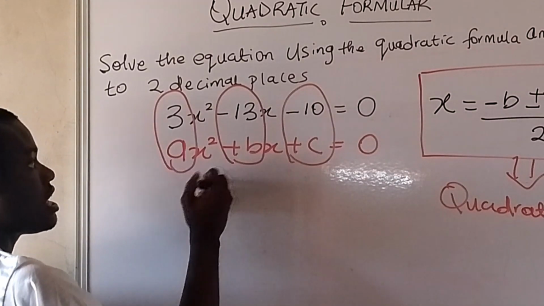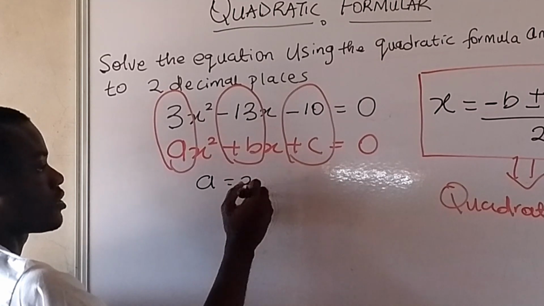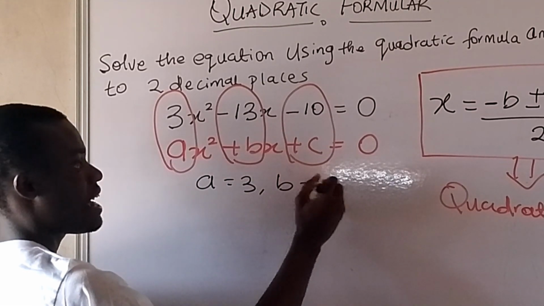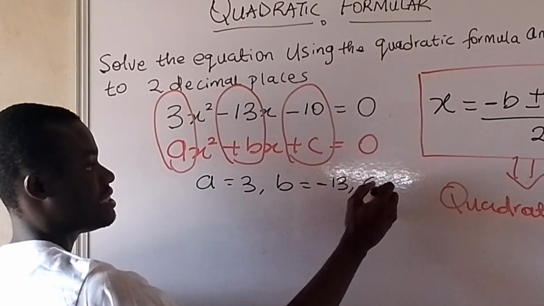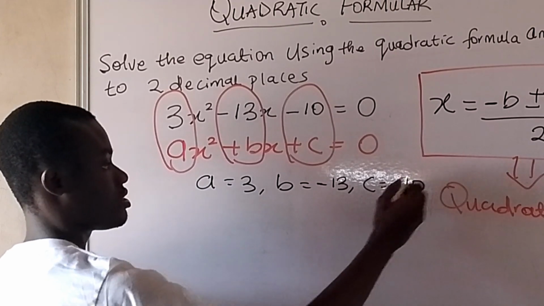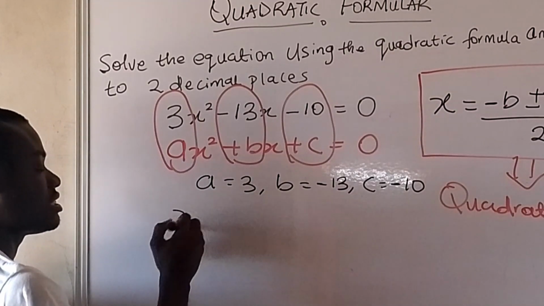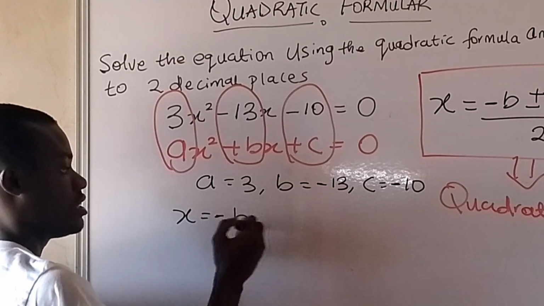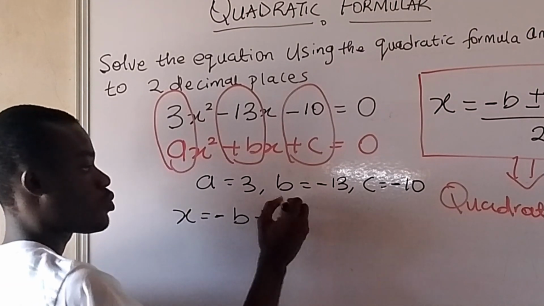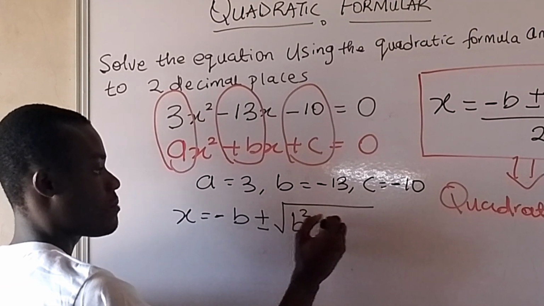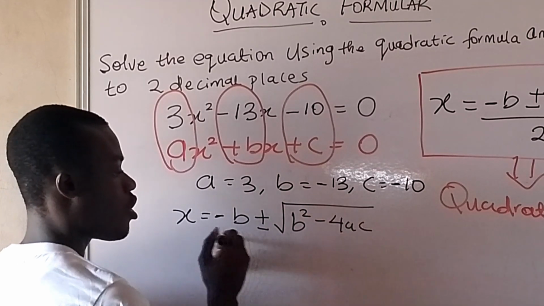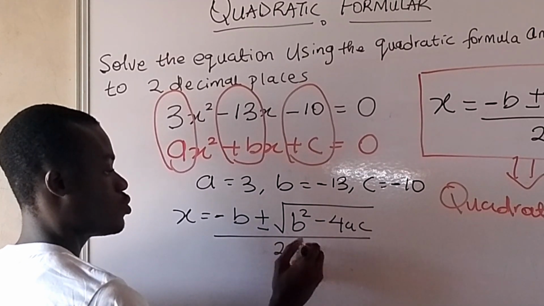So we have a is equal to 3, b is equal to minus 13, and c is equal to minus 10. So our quadratic formula is x is equal to minus b plus or minus the square root of b squared minus 4ac all over 2a.